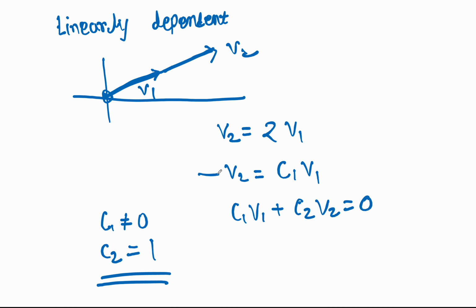Multiplying v1 by some constant leads to the second vector, and that is why even though c1 and c2 are not 0, the combination c1 v1 plus c2 v2 leads to 0. So in this case the vectors are linearly dependent.